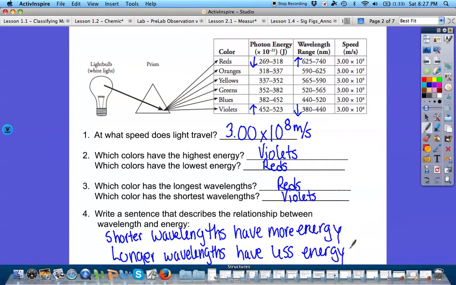So you'll need to know the different colors of light and how their wavelength and energy compare.